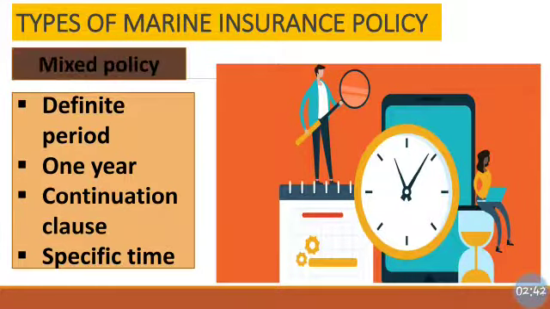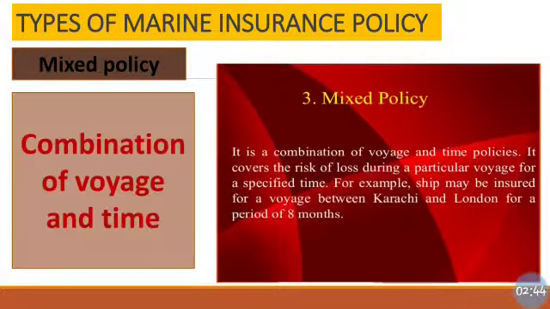Next is mixed policy. This policy is combination of two types. One is voyage and other is time. It covers the risk of loss during particular voyage and for specific time also.